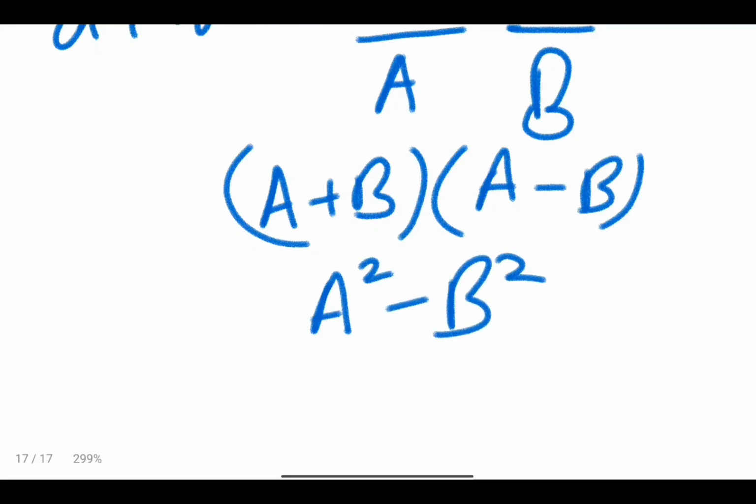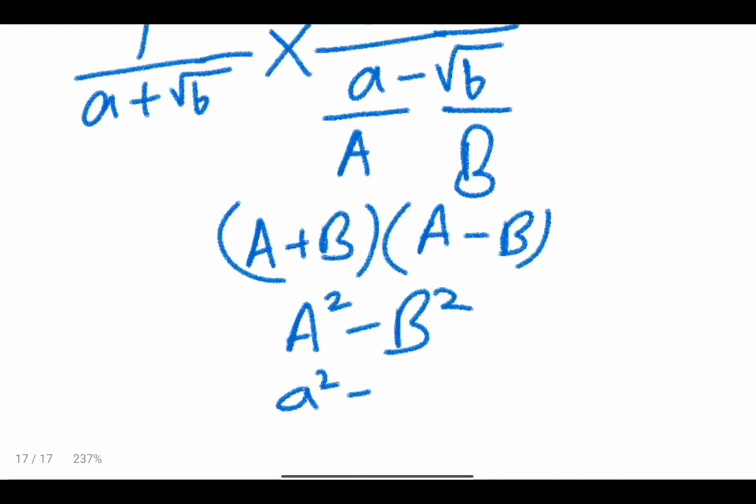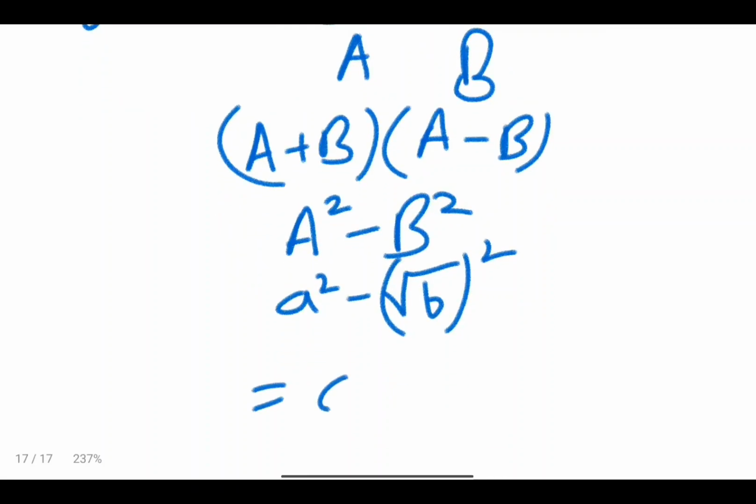Now what was b again? This b was actually root over b, right? So it turns to simply a squared minus b squared.